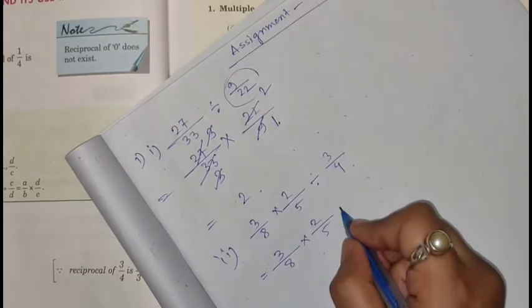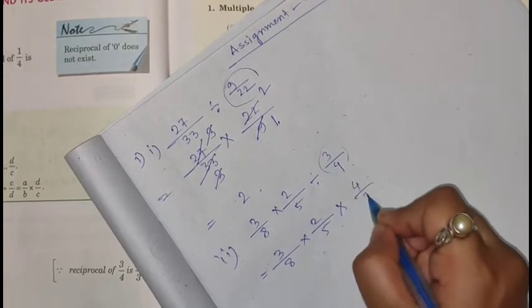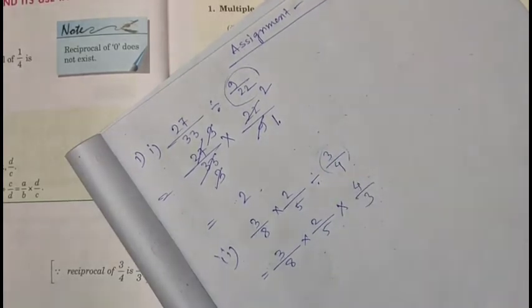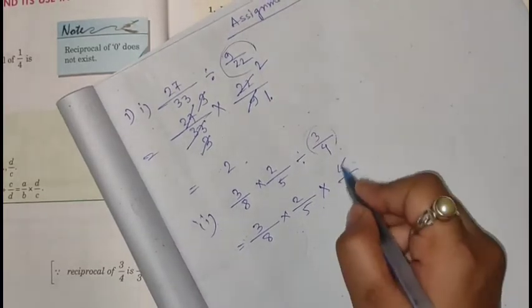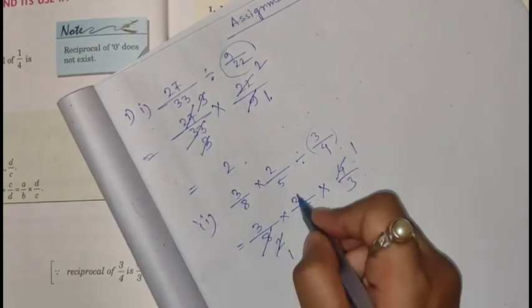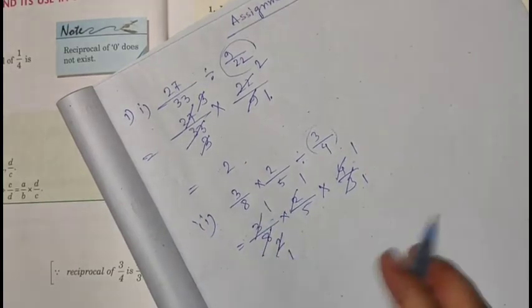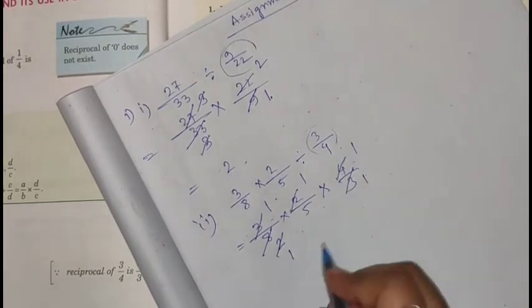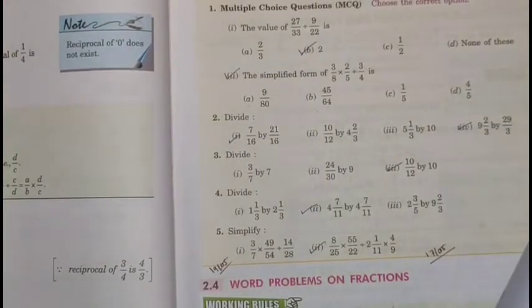So this division changes to multiplication and 3 by 4 will be 4 by 3. তাহলে এখানে ডিভিশনের পরে যেটা থাকবে সেটা জাস্ট রেসিপ্রোকাল ফর্মে চলে যাবে আর ডিভিশনটা মাল্টিপ্লিকেশন হয়ে যাবে। এবার আমরা ক্যান্সেলেশন মেথড অ্যাপ্লাই করি. 4 1s are 4, 4 2s are 8, 2 1s are 2, 3 1s are 3. This is very easy. So 1 1s are 1, 5 1s are 5. So 1 by 5, this will be the answer.